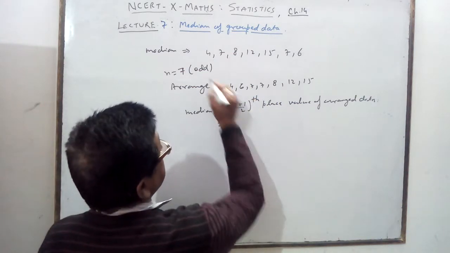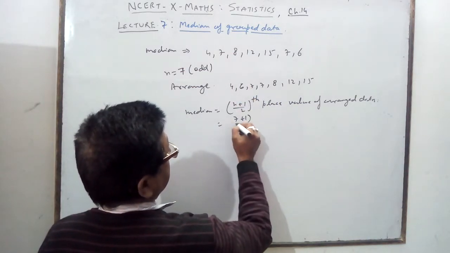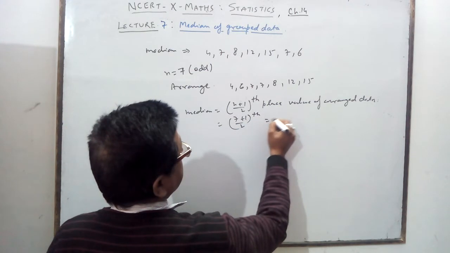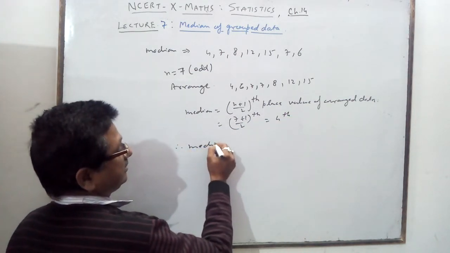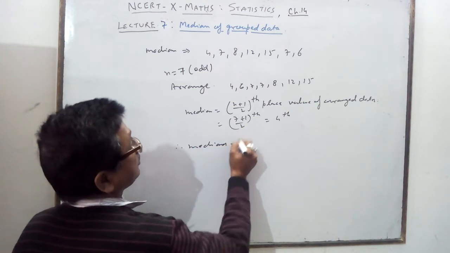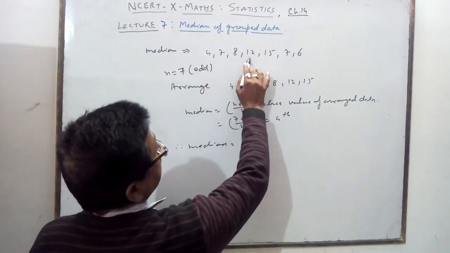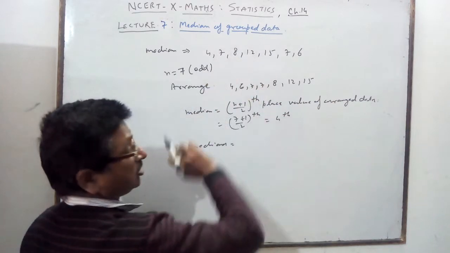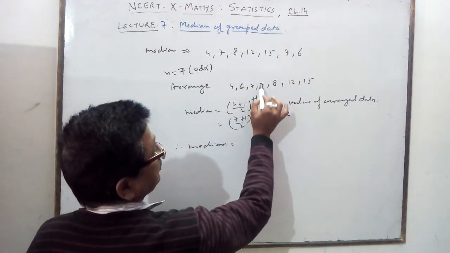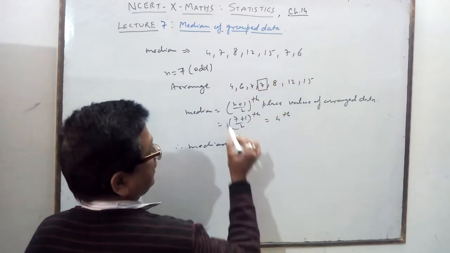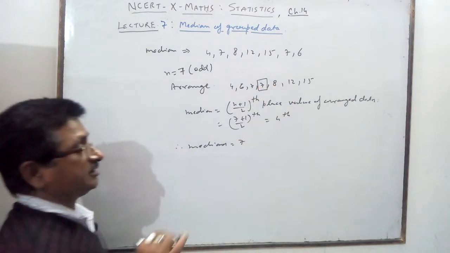So n plus 1 means 7 plus 1 upon 2, which gives the 4th place. Therefore, the median is the value at the 4th place. Counting 1, 2, 3, 4, the 4th place here is 7. Here it is wrong to take 12. Put the 4th box here and write median is equal to 7.